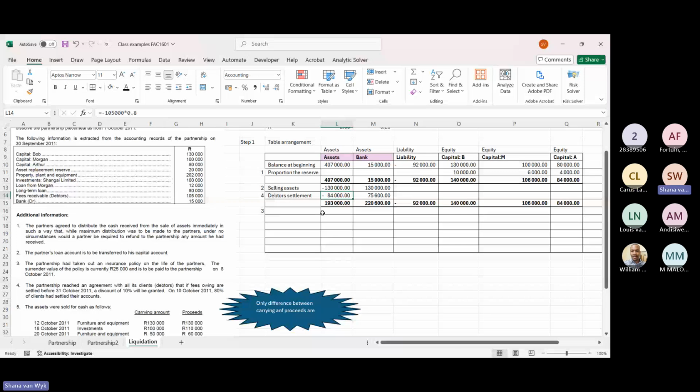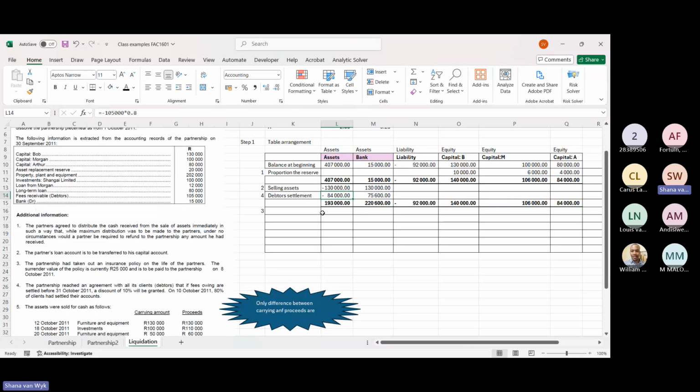So the other one wouldn't be, what would that then be? Allowance for credit losses, but that's a negative asset. You also get allowance for settlement discount granted. Yes. And I think allowance for settlement discount, we deduct it usually from trade receivables.